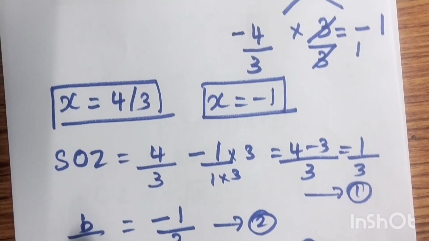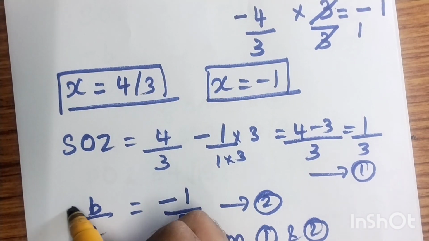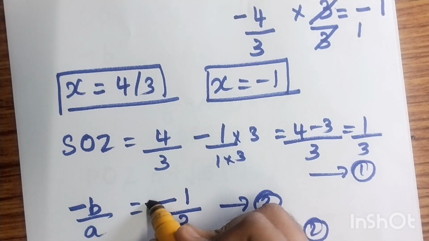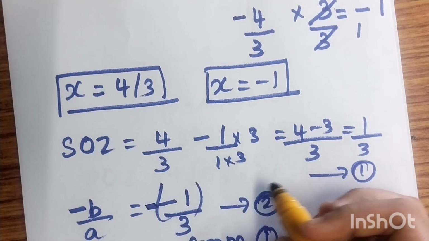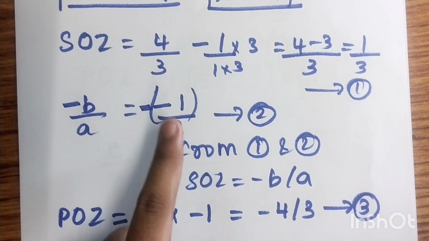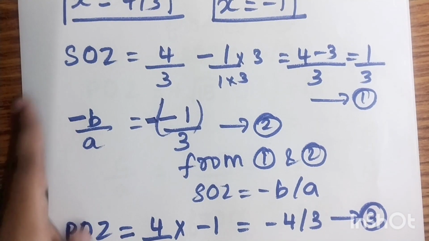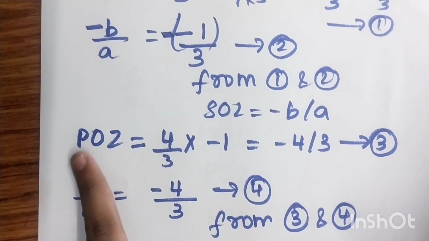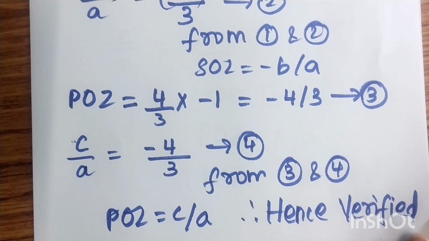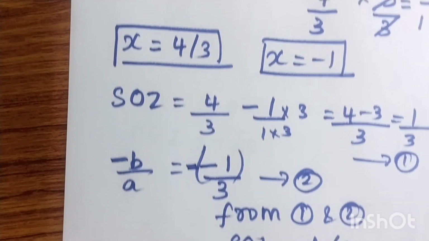Sum of the zeros is equal to minus b by a. Here b is minus, so minus into minus will be getting plus, so plus 1 by 3. Please note it: the sum of the zeros is equal to minus b by a, and the product of the zeros is equal to c by a. So we have to verify it. At last we have to write hence verified. So that's it. Thank you.